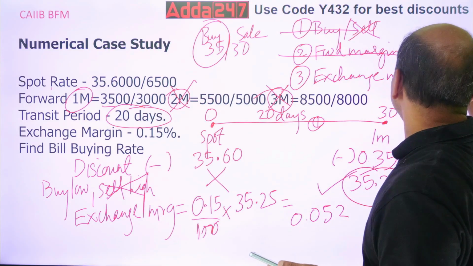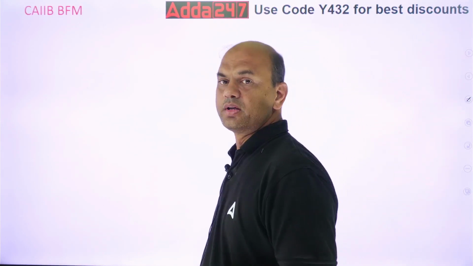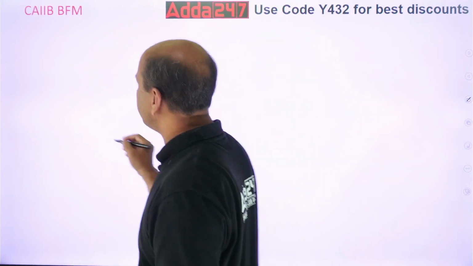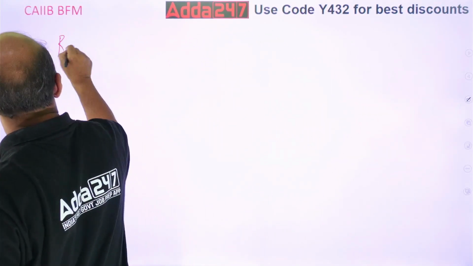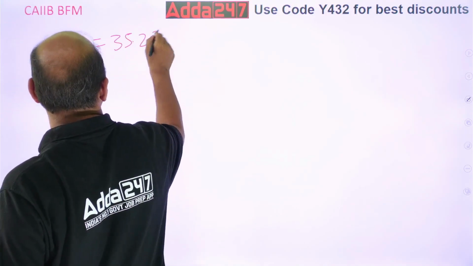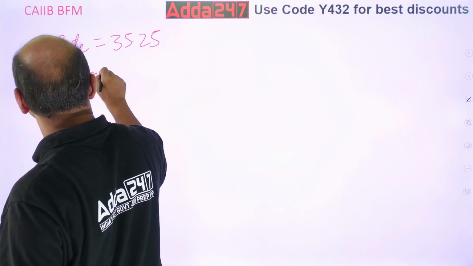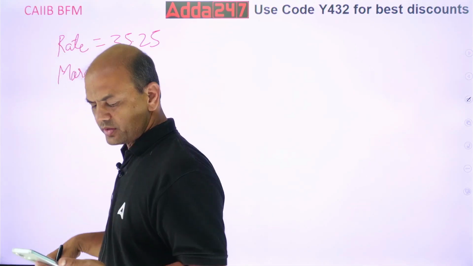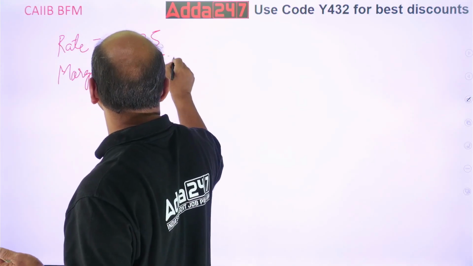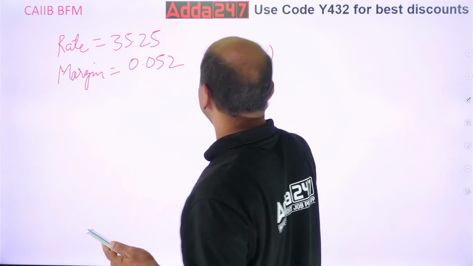So now, do we have a page? Yes, we are having the page. Now the TT margin: what was my rate? The rate was 35.25. And what was that margin? TT margin equals 0.052. You are doing a buy transaction. For buying, what did I tell you?